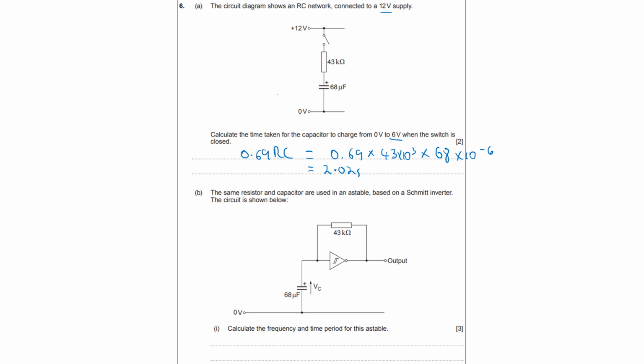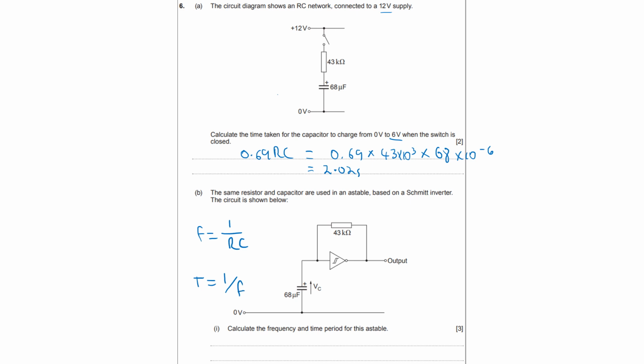Right. Calculate the frequency and time period. So on the data sheet, you get this equation. It is F equals 1 over RC. That is related to the Schmitt astable. So that will tell you the frequency, and then obviously time period. We know what time period is, 1 over F. So let's work this out.